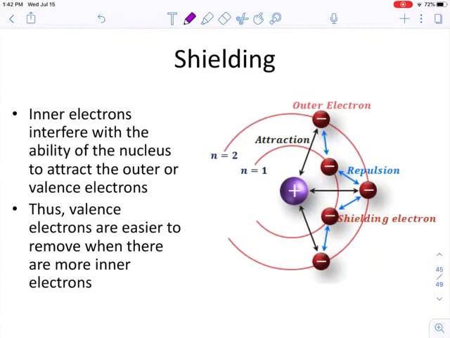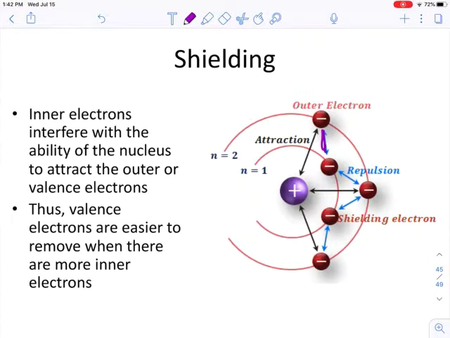What does that mean? Let's take a look at this nucleus. If this nucleus tries to attract that electron, well, there's nothing in between, so it can hold it in place. But if this nucleus here tries to attract an outer electron, well, before it can attract that outer electron, that inner electron is going to get in the way. And did you notice that those two electrons, because they're both negative, are going to repel each other.